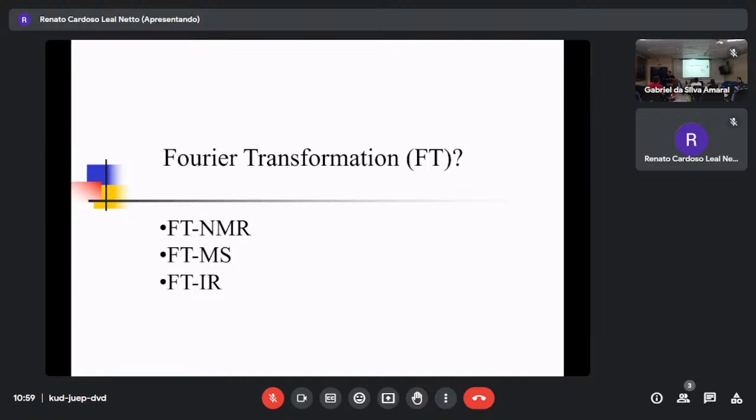Basically, if the movement follows oscillation, like sine and cosine, and it is a mixture of all the oscillations, we can find each frequency. That is the Fourier transform. So that's why in NMR, all the protons are excited, and they have their own FID, free induction decay.